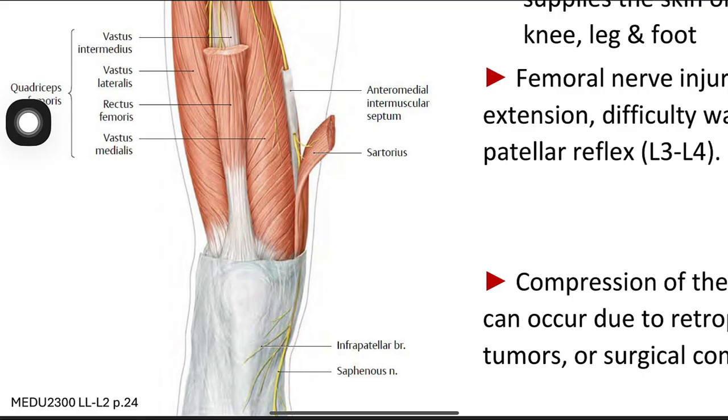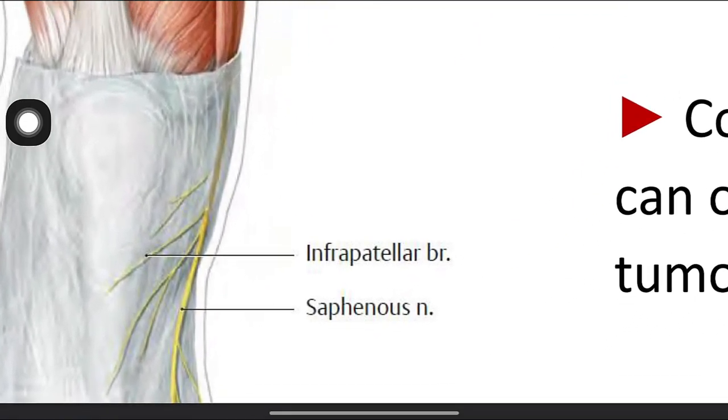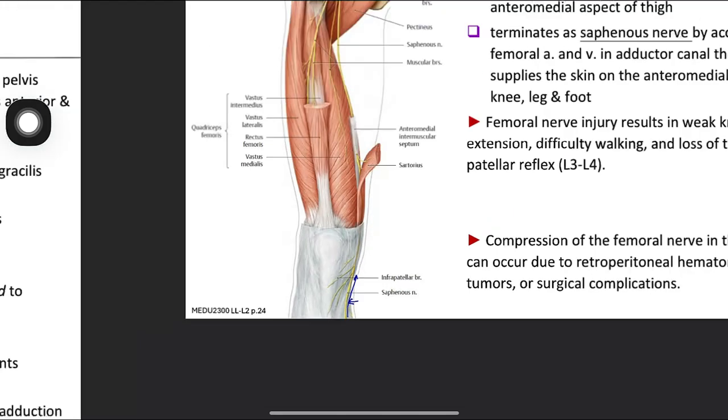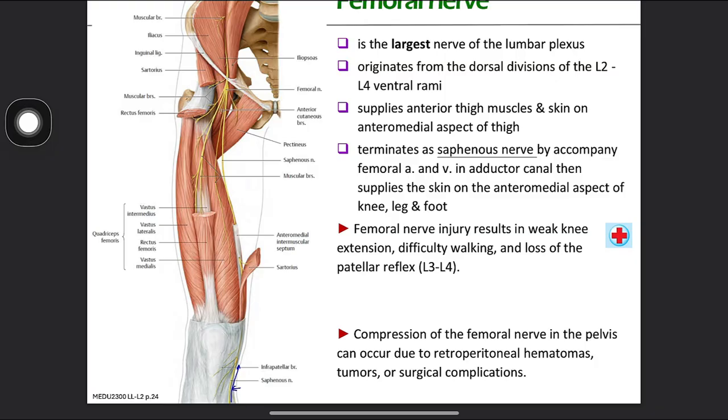And let me remind you, there is something running up in this way. When you puncture it, sometimes the saphenous nerve will make a complaint. That is the GSV. Remember that, okay? Good. So it terminates as the saphenous nerve, okay?